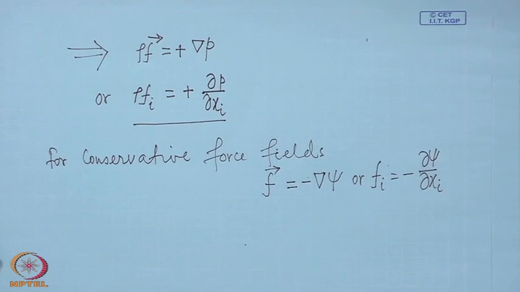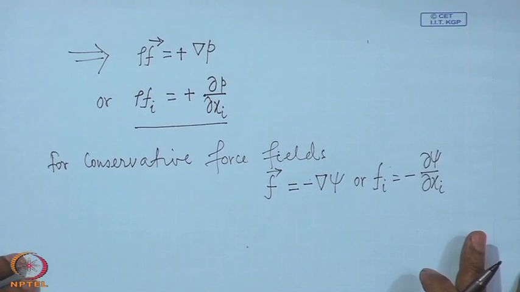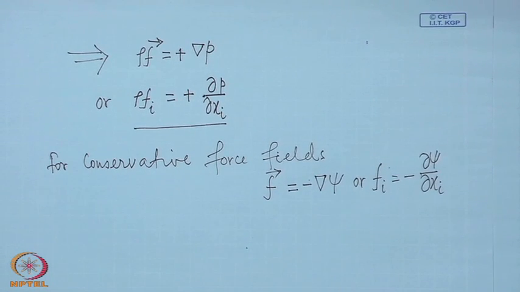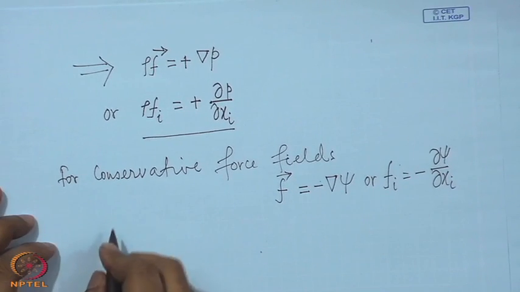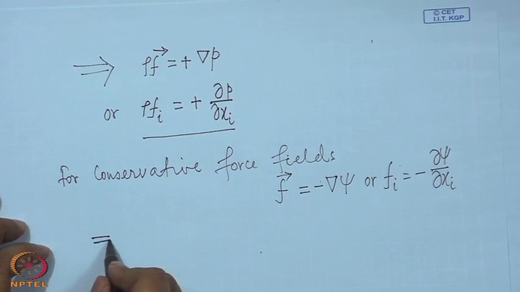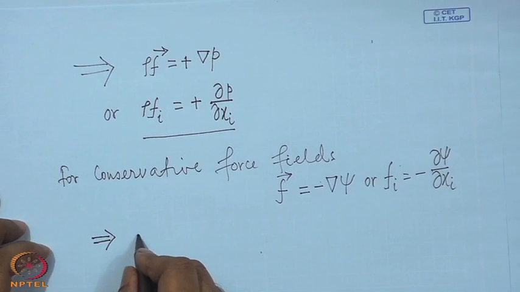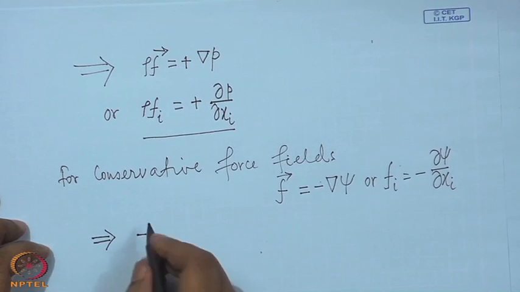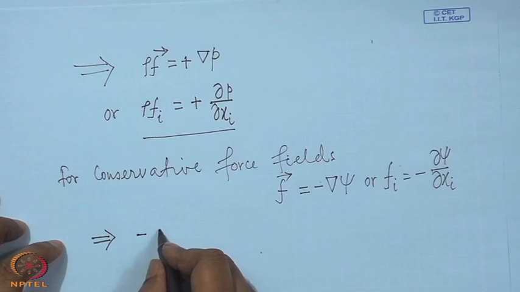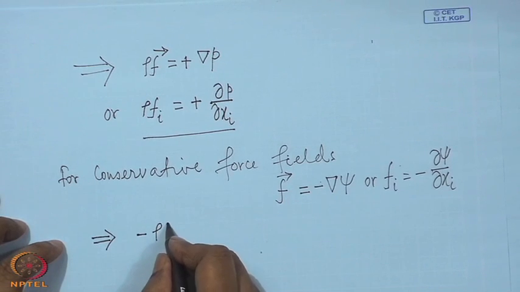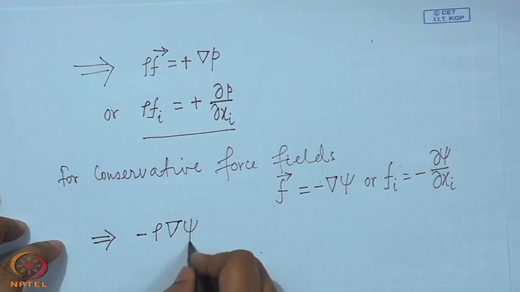The potential energy per unit mass, the potential function, is it not? The potential energy per unit mass associated with this conservative field. And if we put it here, then what do we get? For a conservative force field, the equation then becomes, okay, write this in gradient notation.